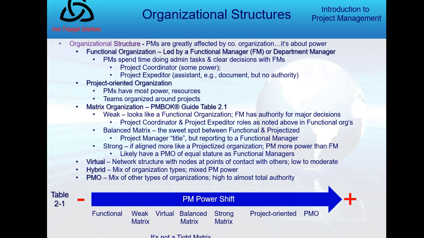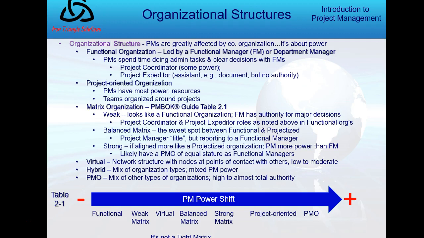I like the chart on page 47, table 2.1. And with that, on the left side, it shows the various types of organizations, which I also summarize on this slide. This is much more expanded from the PMBOK Guide version 5, which frankly had functional, project-tized, or now project-oriented, and matrix organization.